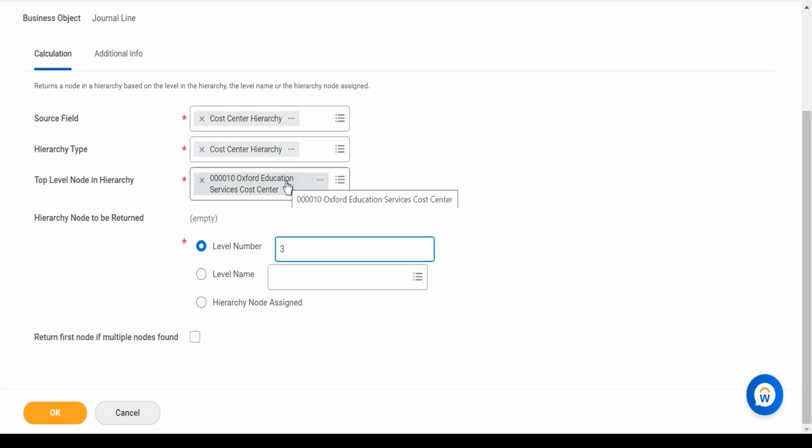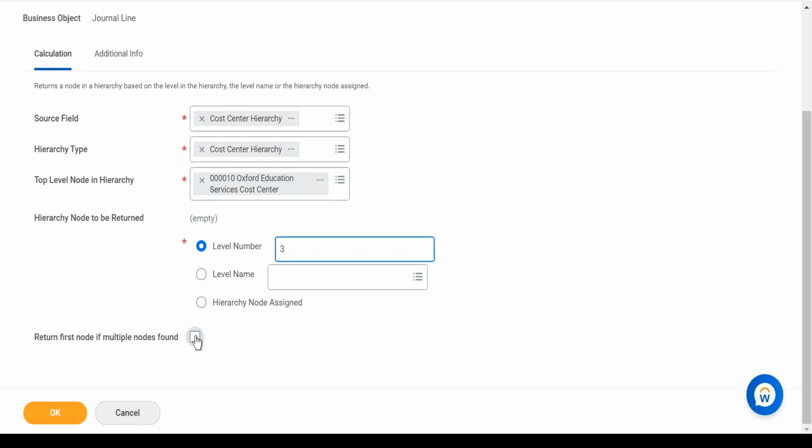Workday doesn't know under which node it has to return the level 3. All it knows is that it has to look at level 3 of the cost center hierarchy. Unless you go here and mention that you want the ABC cost center hierarchical node, Workday is going to get confused. In that situation, if you check this checkbox, Workday is going to look at ABC first, because that's the first node configured, and then give you the level 3 of that node. Understood?